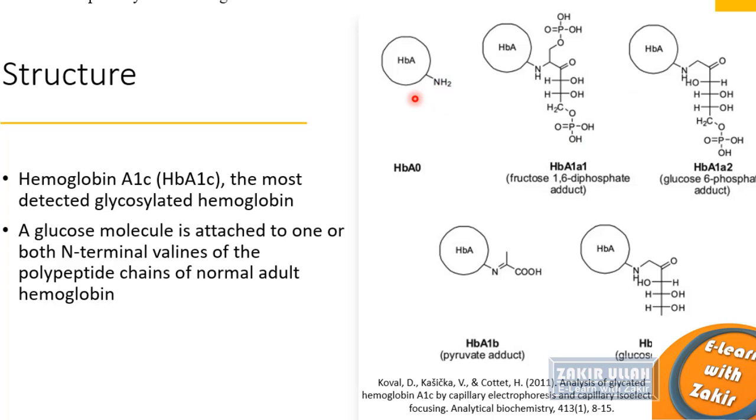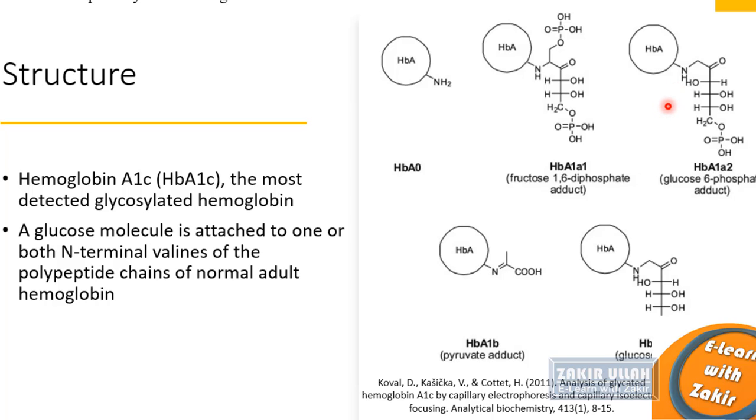In the first one, an amino group is attached to hemoglobin A. This is HbA1c. In the second one, fructose is glycated to the hemoglobin, and this is called HbA1a1.